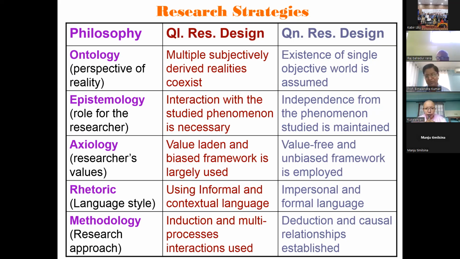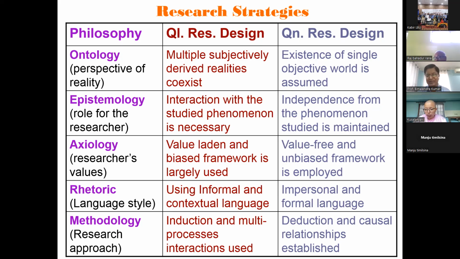These are the philosophical terms: ontology, epistemology. In epistemology, we see how Acharya Dinnaga and Dharmakirti developed the theory of our Acharya Vasubandhu, which is available in the Abhidharma Kosha. This epistemology is the study related to reasoning and logic. We have already discussed it, and the role of the qualitative researcher is that making interactions with the studied phenomena is necessary.